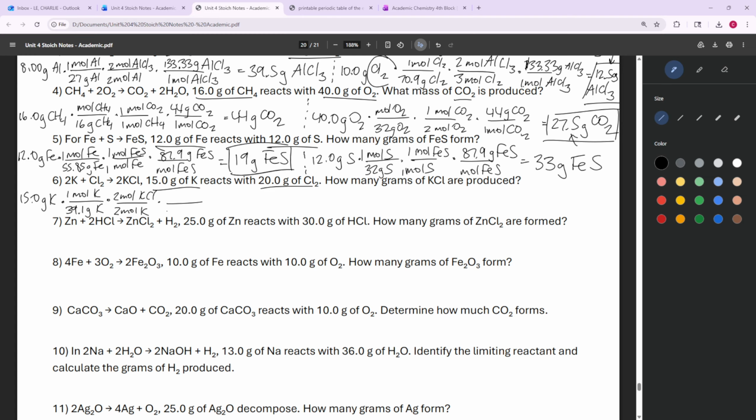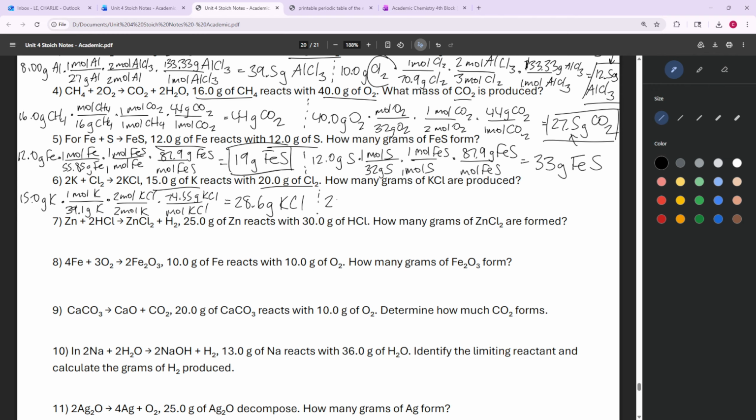Then finally, for every mole Cl, we get 39.1 plus 35.5, that's about 74.5 grams Cl. Multiply all of that together, 15 divided by 39.1 times 2 divided by 2 times 74.55. That's about 28.6 grams of KCl.